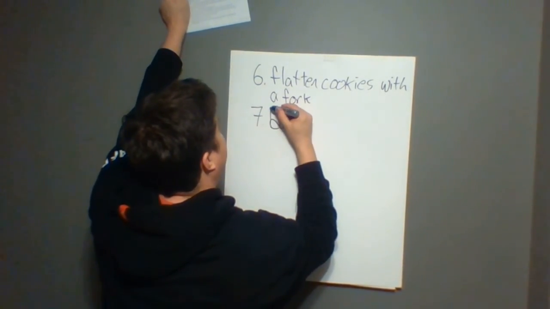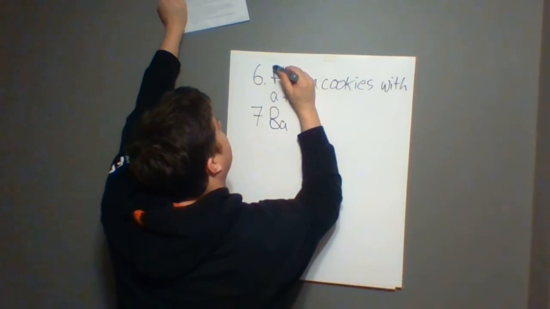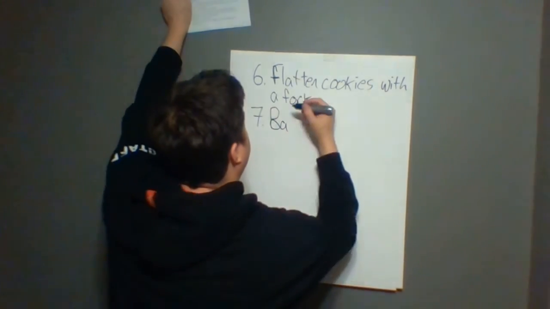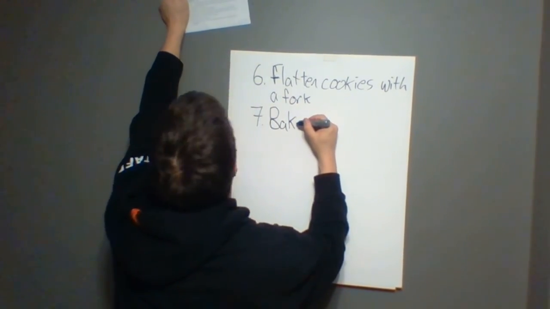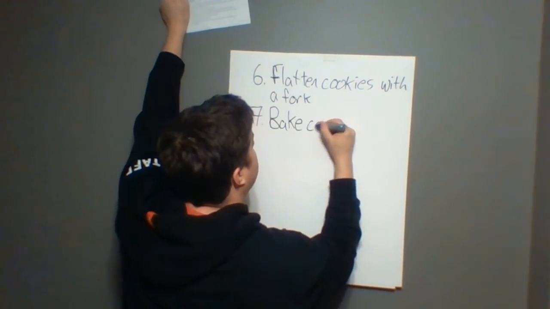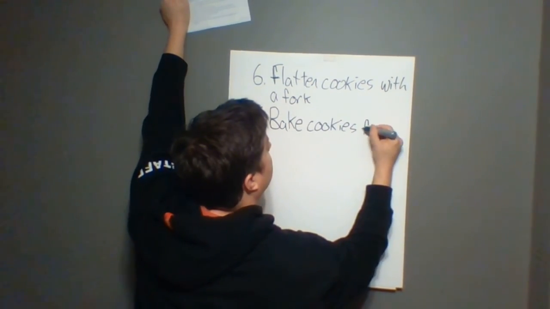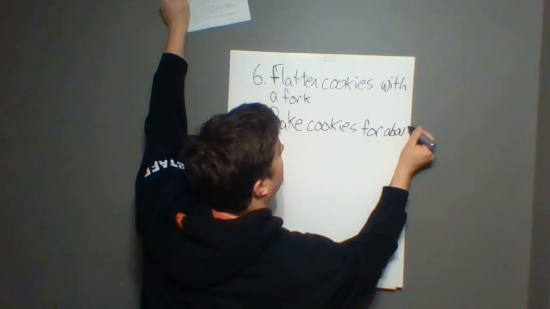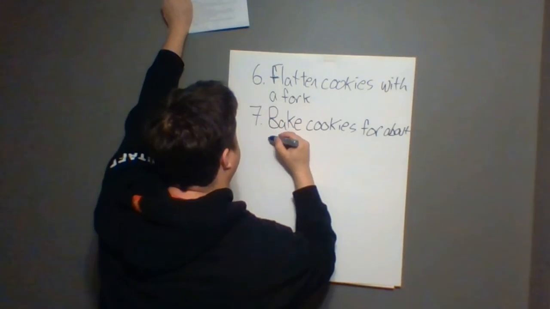Oh, we should be capitalizing at the start, so we'll just add a little on there and fix that. Made a little mistake there. That's okay. Bake. Normally I would use an eraser. Bake cookies for about 10 minutes. Oh, just barely made it. 10 minutes.